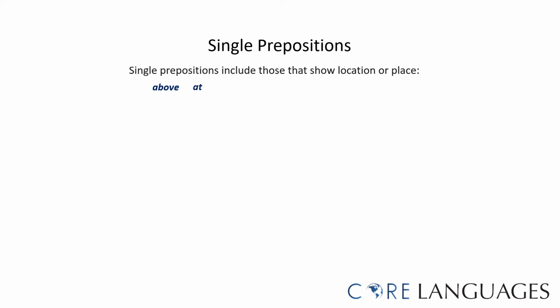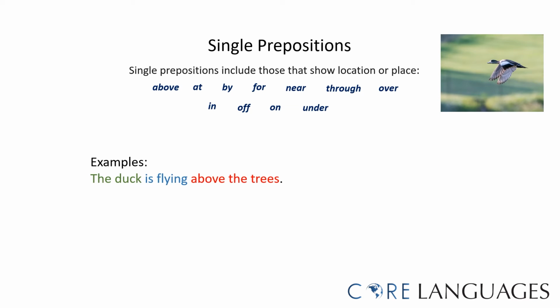Above, at, by, for, near, through, over, in, off, on, under. Here are some example sentences. The duck is flying above the trees. Above is the preposition, and above the trees is the prepositional phrase.